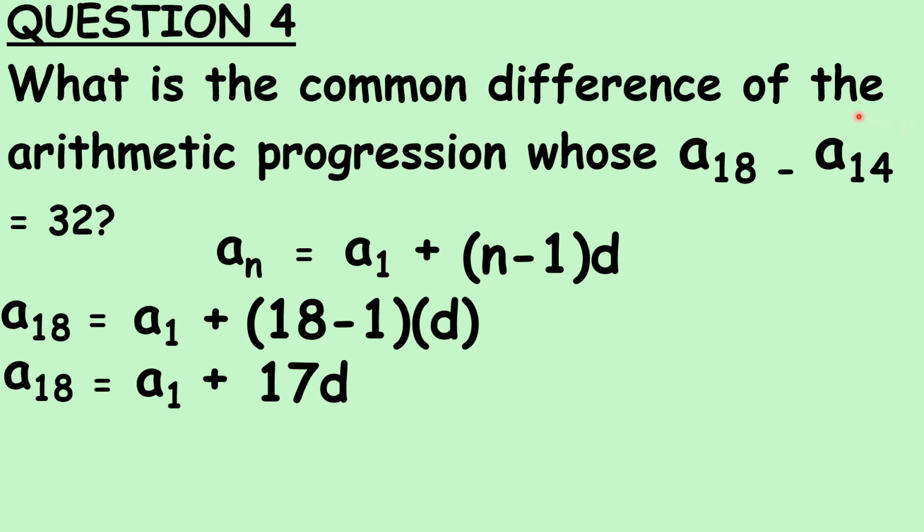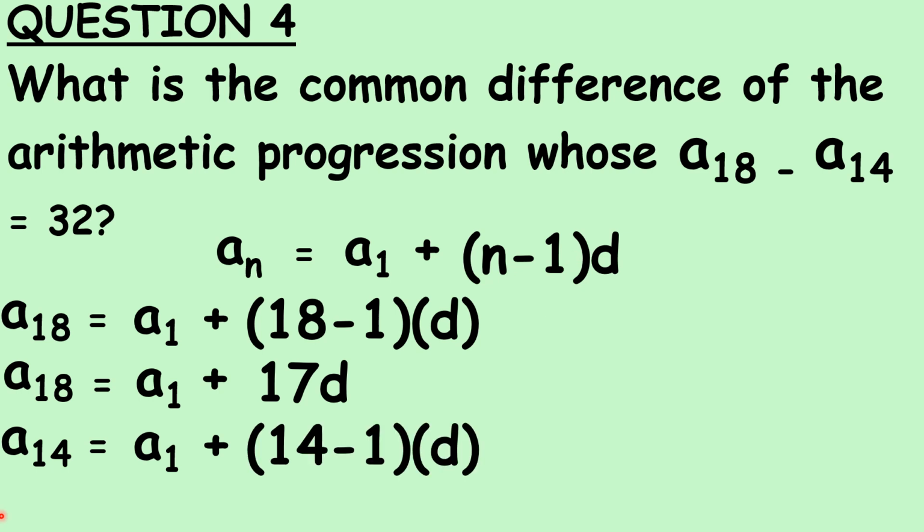Now, let's also express A14 using this nth term equation. So what do we have? We have A subscript 14, that is the 14th term, is A1 plus, what is our n here? This time around it will be 14. 14 minus 1, that will be 13 times the difference.